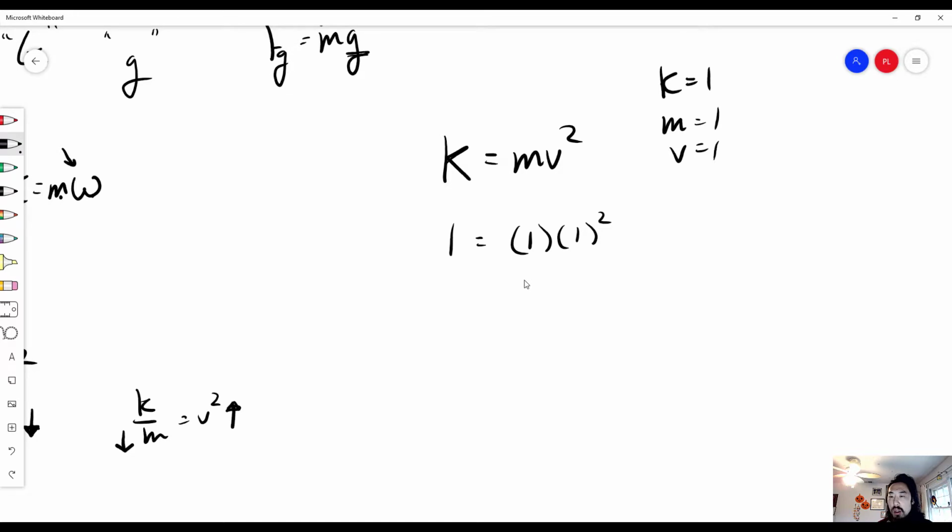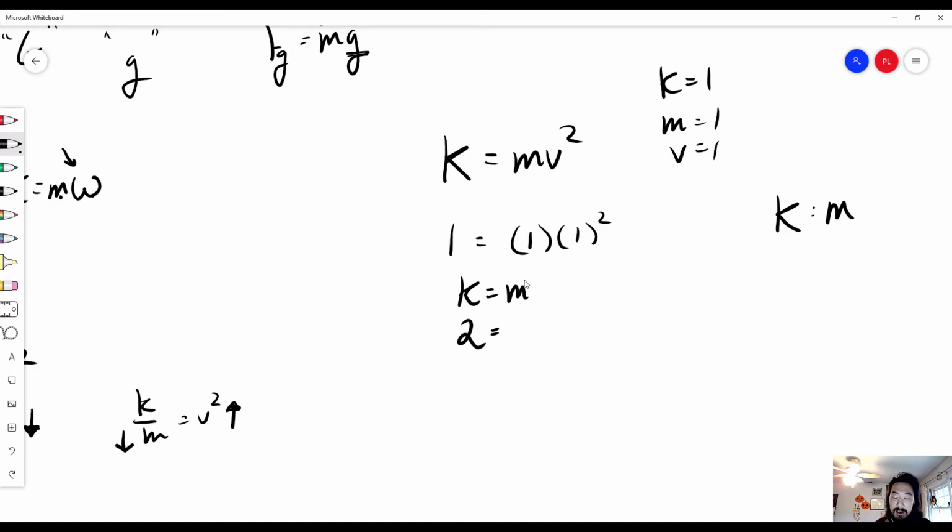If I want to look at the relationship between kinetic energy and, let's say, mass, I ignore what happens with the other variables, meaning I don't care about this v squared because we're not looking at the relationship with v squared. So here, let's say we make kinetic energy 2. What must mass be so that this equals 2?